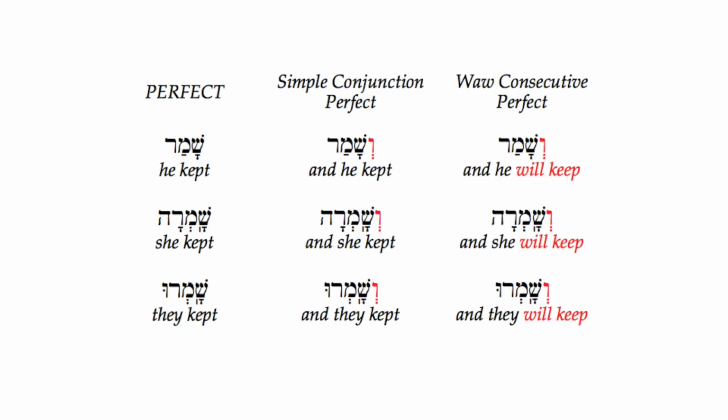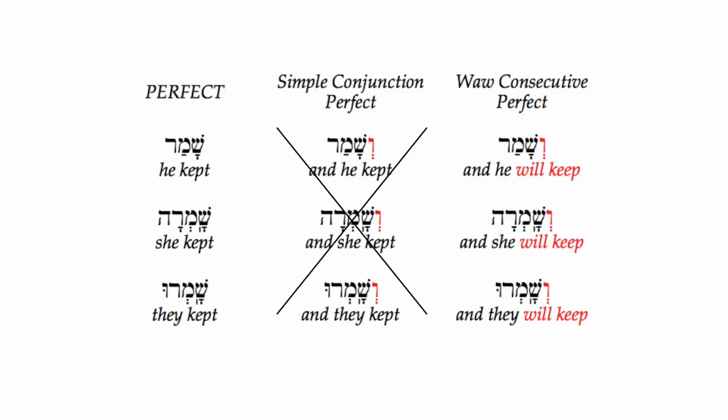Now, that's a little bit too much confusion for right now. So what we're going to do is we're going to cross out the center category. It is relatively rare to find a perfect with a conjunction when it is simply the and, just the simple conjunction attached onto the past tense meaning.